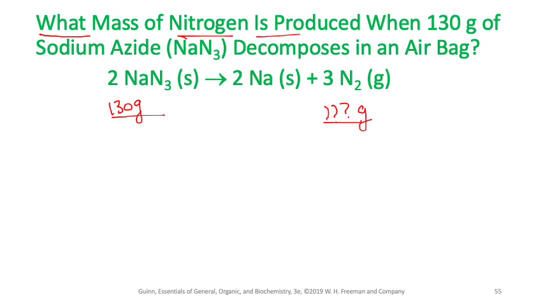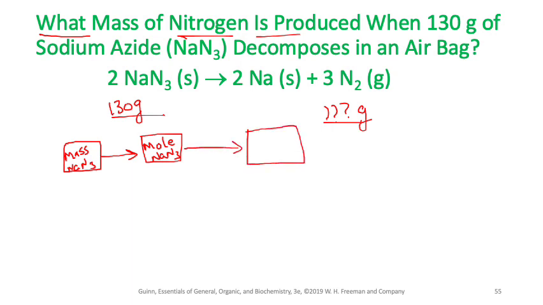So let's make a solution map with boxes. What is given, you have to write first. We have the mass of NaN3, sodium azide, that is given. From the mass of sodium azide, I can get the moles of sodium azide, NaN3. Once I get the moles of NaN3, is there any way I can get the moles of N2?